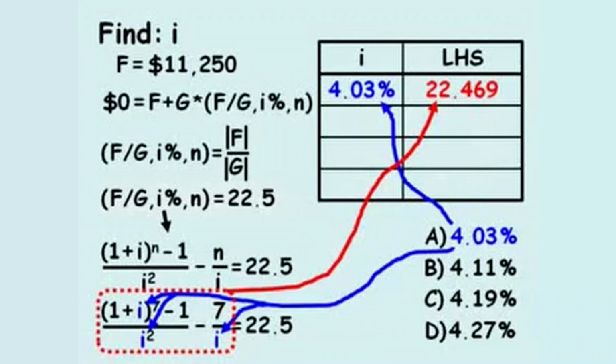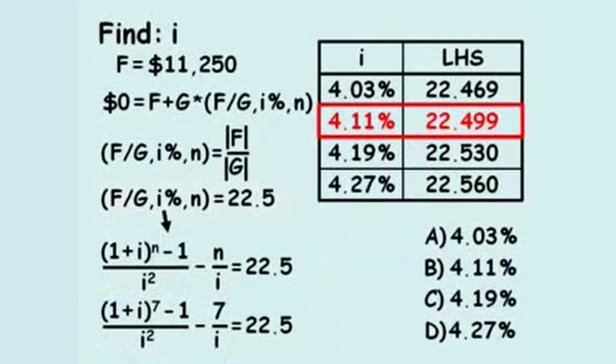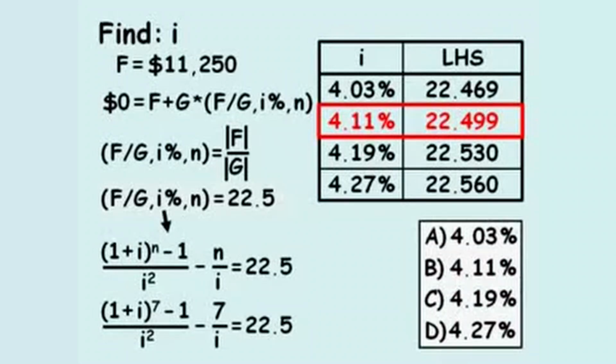If we test the other 3 rates the same way, then we can compute the left-hand side of the equation as before. And it turns out that the rate of 4.11% yields a left-hand side almost exactly 22.5. When reviewing the possible solutions, the correct answer is B.